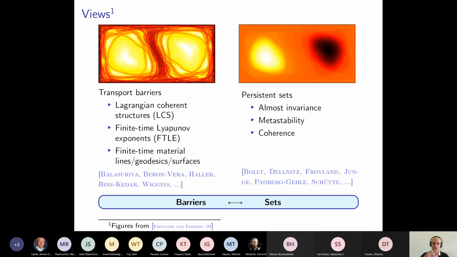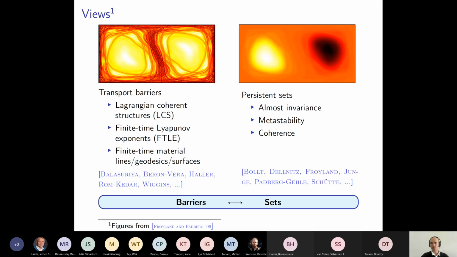There are different views how to approach this problem of transport. There are more geometric views, that's kind of the left-hand side of the picture, where we are talking about transport barriers. You've heard about Lagrangian structures like finite-time Lyapunov exponents, and also more recent concepts.